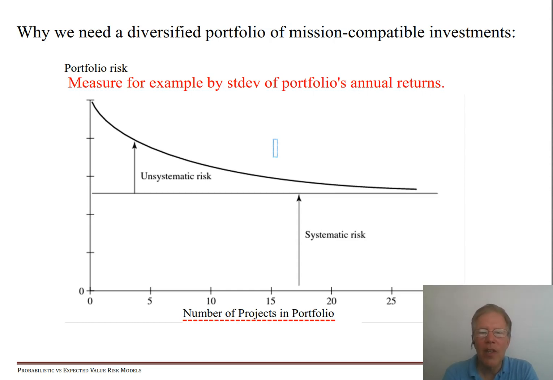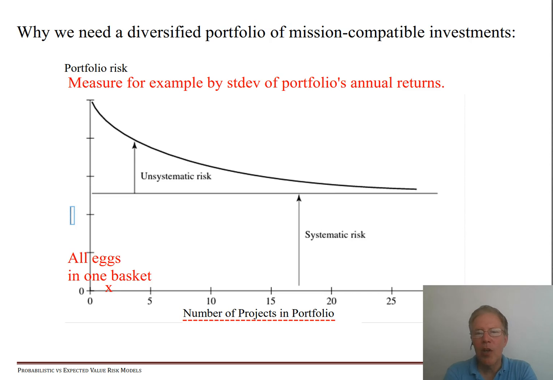And you notice here, if we just have one project in our portfolio, we have a very high standard deviation. This is all eggs in one basket, right? Which you never want to do. Definitely don't want to do that, except, of course, if you're an entrepreneur, you have no choice but to do that. You put all your eggs in that basket, and that's how you are able to attract investors, okay?